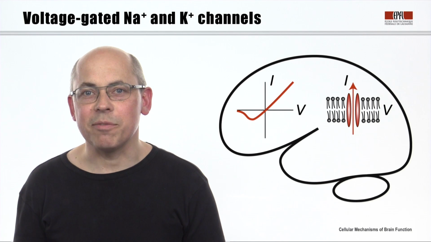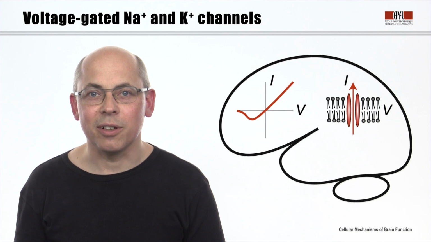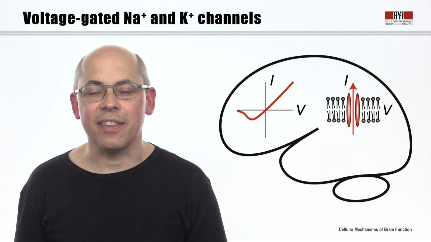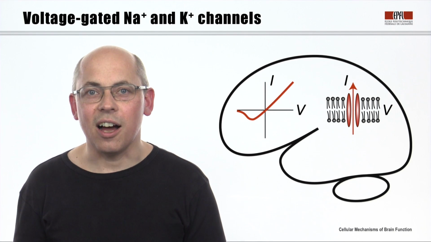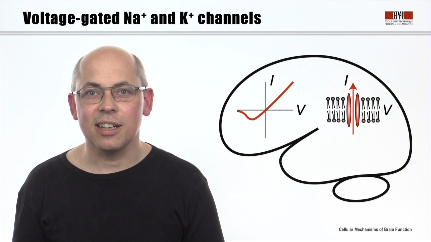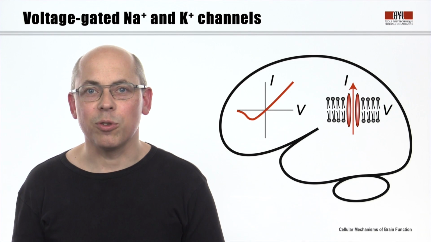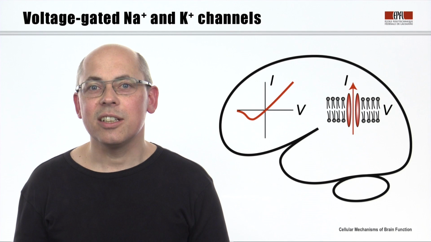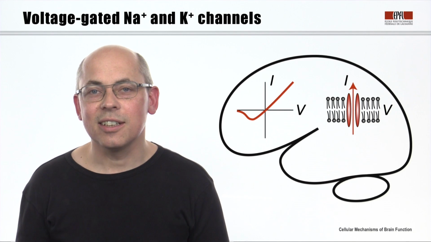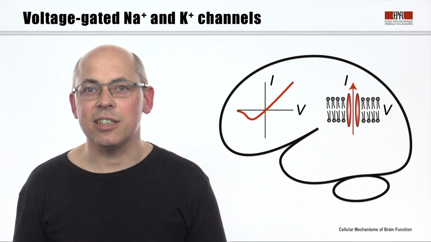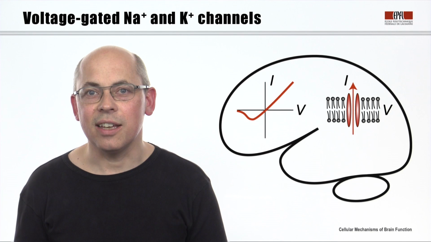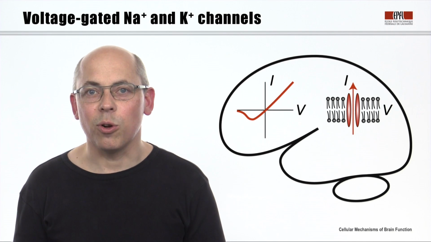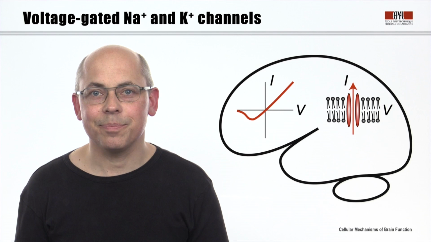At potentials more positive than minus 40 millivolts, the open probability increases sharply, and the voltage-gated ion channels begin to conduct and can contribute to the overall conductance of the cell membrane. The change in conductance of the voltage-gated ion channels is not because of a change in the single channel conductance, but a change in the overall open probability.